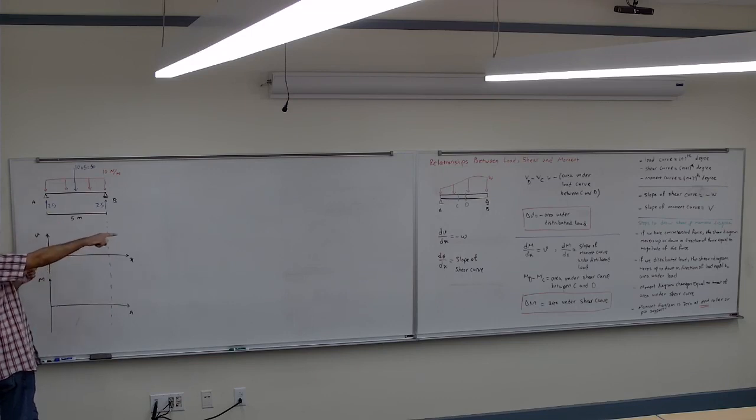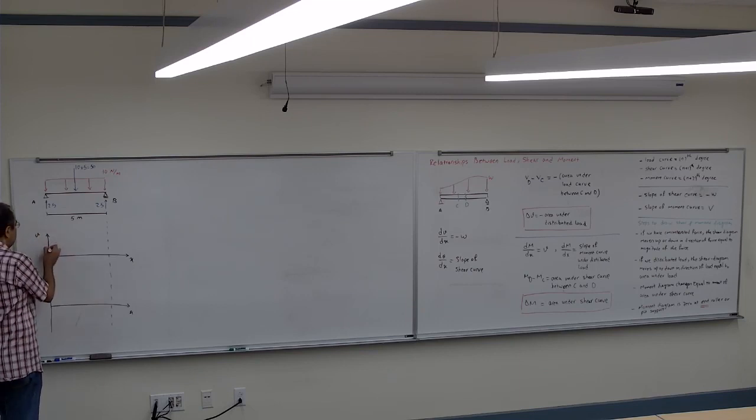What was the rule for concentrated load? Shear diagram moves up or down in the direction equal to the magnitude of the force. So the concentrated load is going up, so my shear curve will go up. How much? By 25. So my start point would be from here, I go up to 25.